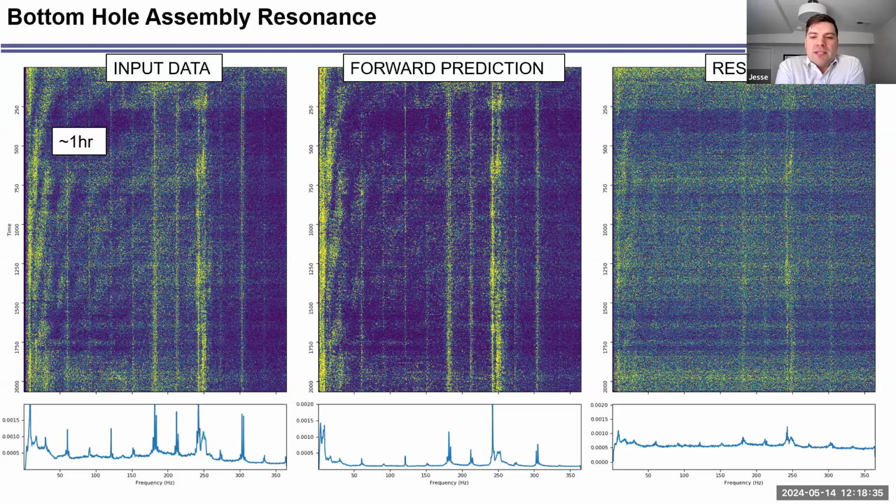Now you can see that there seem to be some consistent changes in the amplitude across all frequencies. And so we recognized over time that this broadband change in the amplitude response across all frequencies is the geomechanical response as you're drilling.